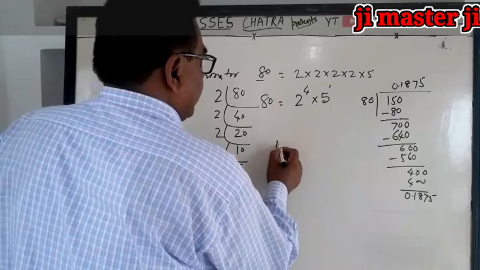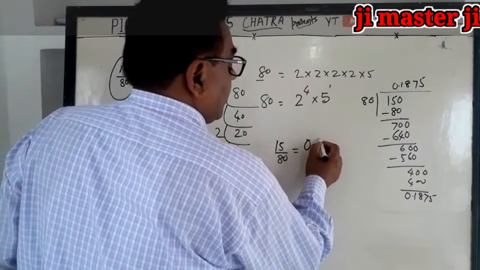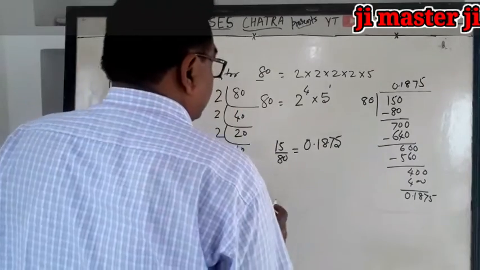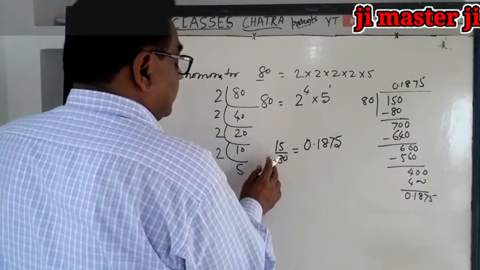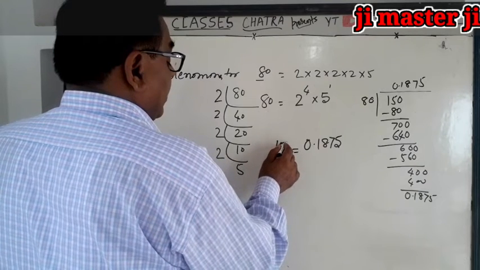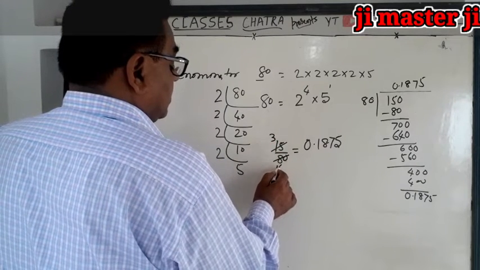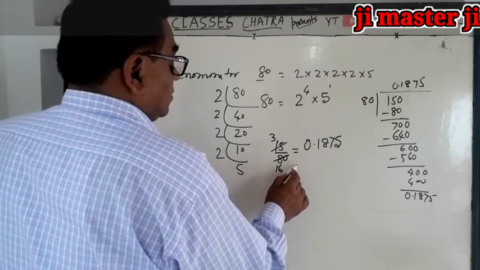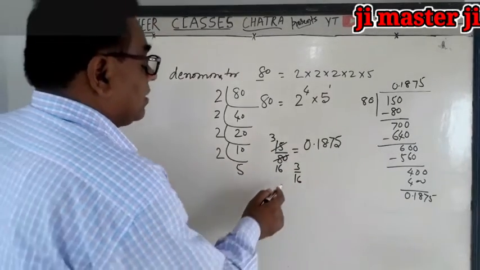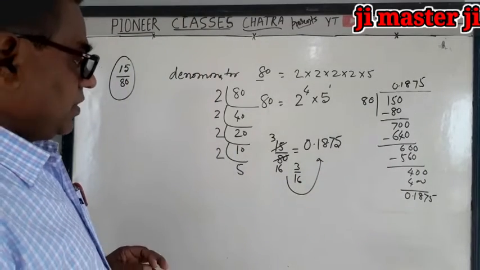So 15 by 80 can be written as 0.1875. We can also find it by dividing by the HCF of 15 and 80. So this is 5, and 5 threes are 15 and 16 fives are 80. So 3 by 16. So if we divide 3 by 16, we can also get 0.1875.